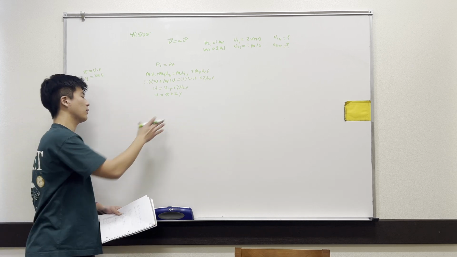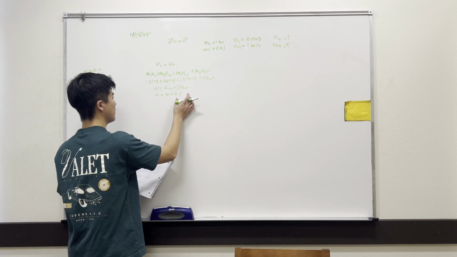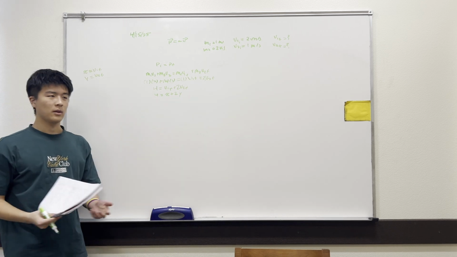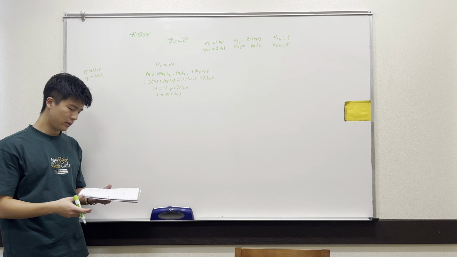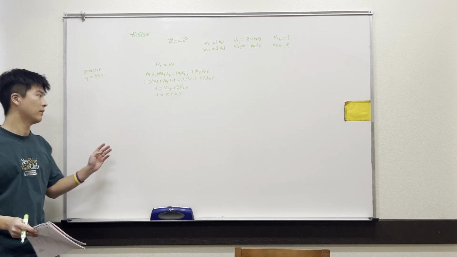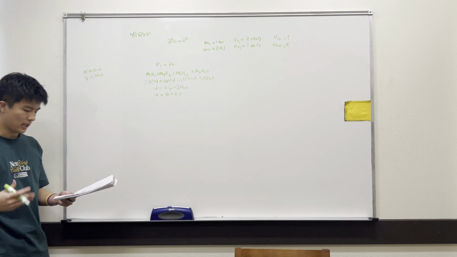Right now there's nothing we can do. We have to plug in some value from somewhere and then isolate one of the values, which is exactly what we're going to do with the conservation of energy. I made these x and y because it's a lot more clutter to write v1f and v2f every time, so for now we're just going to put them as x and y.